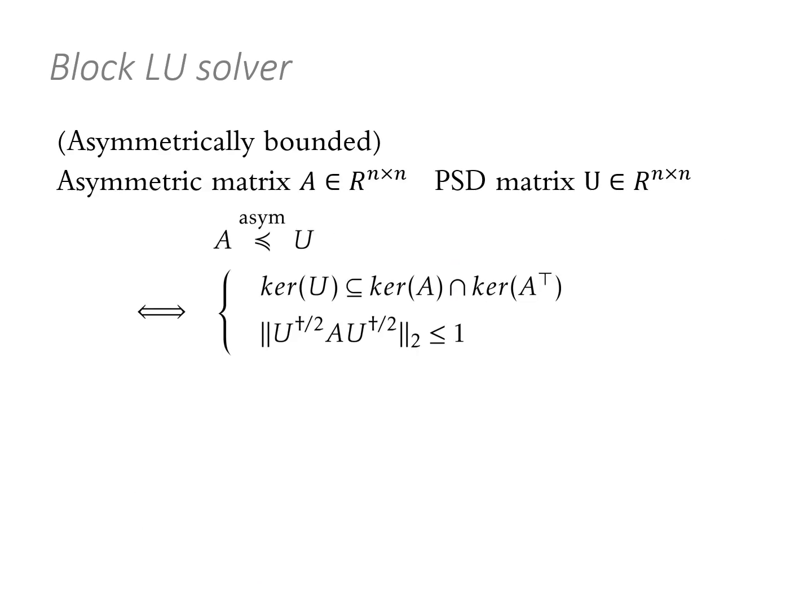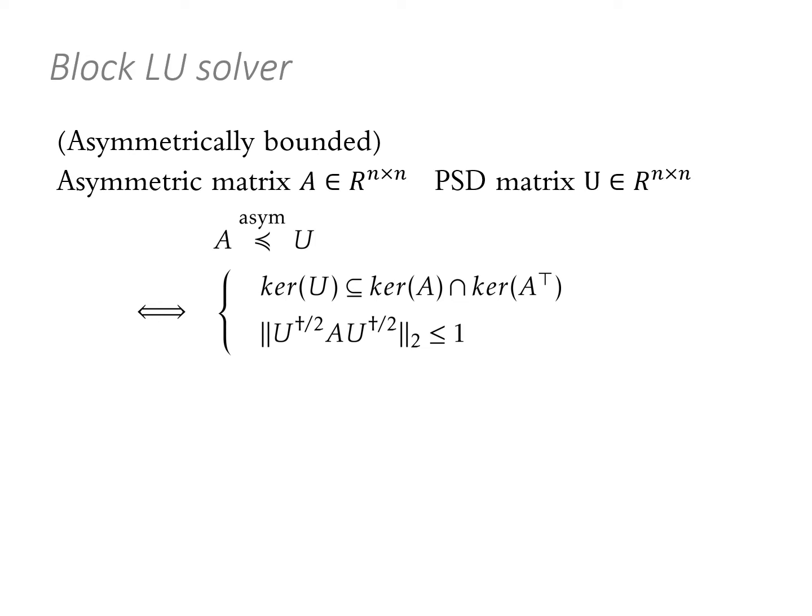The first thing of error analysis is to define what is a good approximation for the Schur complement. The following notion of asymmetrically bounded is the same as the epsilon approximation in previous works.